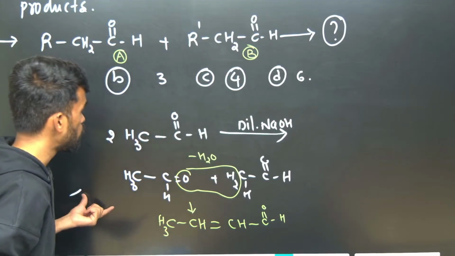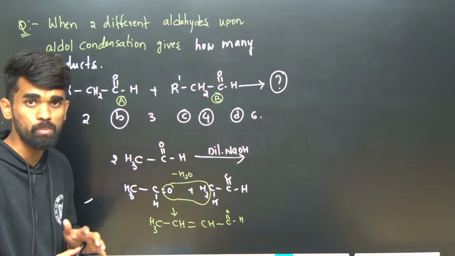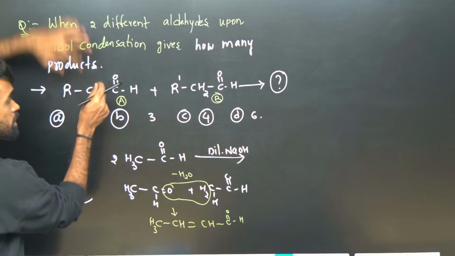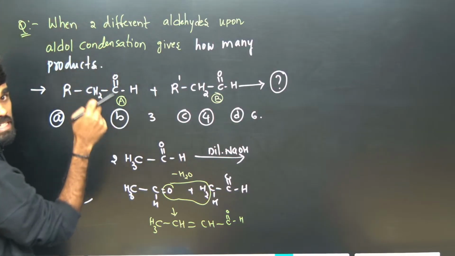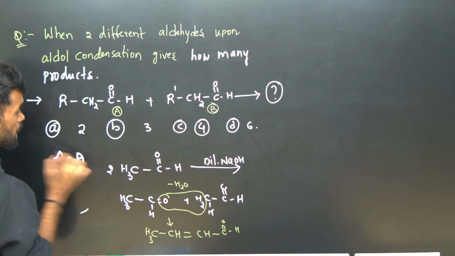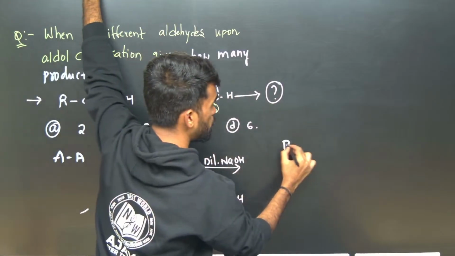Now look here. I have two different carbonyl compounds, both having alpha hydrogens. So this molecule can react with itself, giving an AA type product. And this molecule can also react with itself, giving a BB type product.